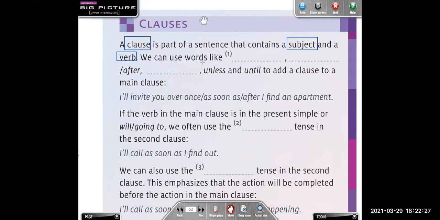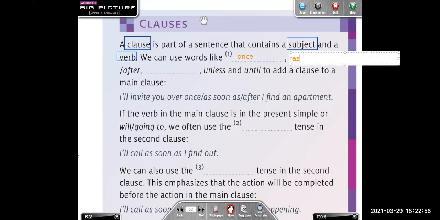We can use words like to add clauses to a main clause. ¿Cuáles eran las palabras que utilizábamos? Quiero que se fijen en el ejercicio anterior. ¿Qué otras palabras utilizamos? Utilizamos after, unless, until, once, as soon as.